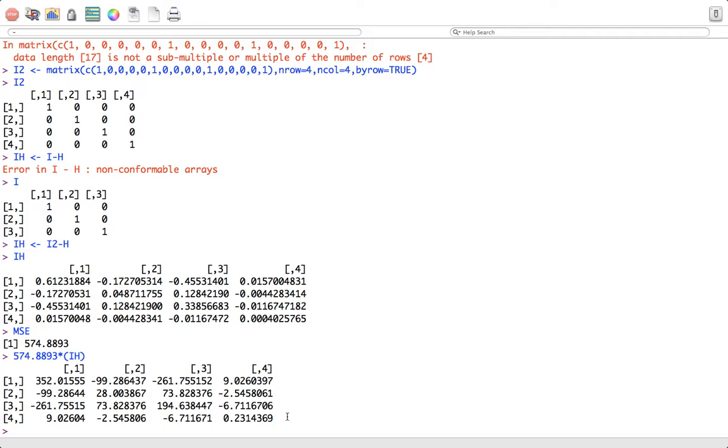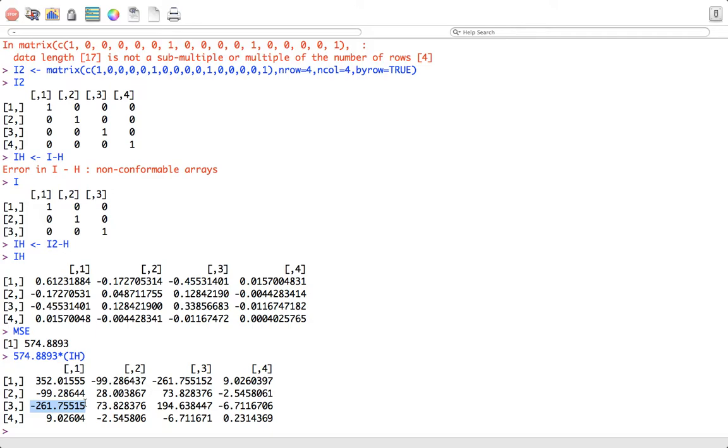And also, I said I wanted you to look at the covariance between E1 and E2. Well, the covariance between E1 and E2 would be negative 99.24. The covariance between error 1 and error 3 is negative 261.